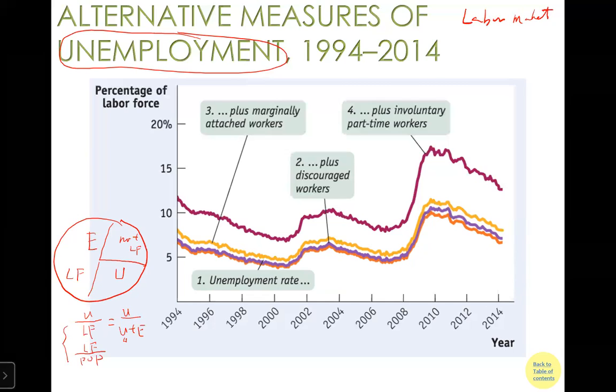So we explained the unemployment rate is a good indicator for the health of the labor market, but it's not perfect. It's not perfect in the sense that the unemployment rate doesn't tell you, first, about discouraged workers.